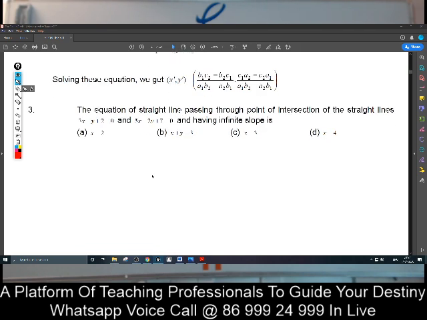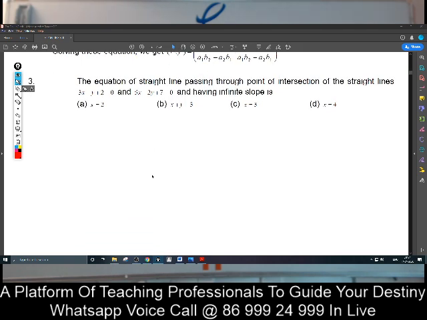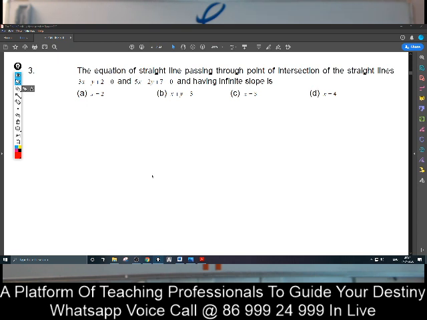The equation of the straight line passing through the point of intersection of the straight lines and having infinite slope. I am writing the point of intersection directly. The denominator is minus 6 plus 5, minus 1.